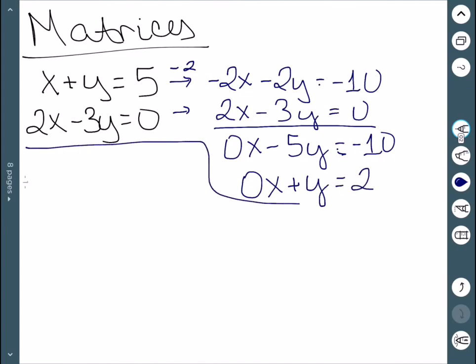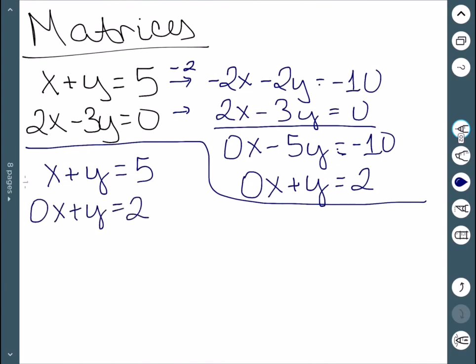Now that we've done that, we're going to replace the second equation with this new one we just found. Now I'll multiply this second equation by -1. This gives me x plus y is equal to 5, and 0x minus y is equal to -2.